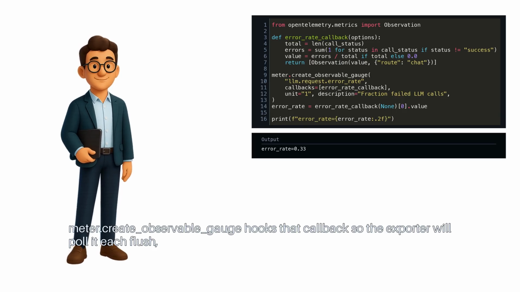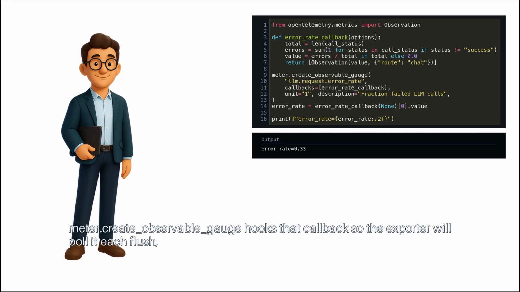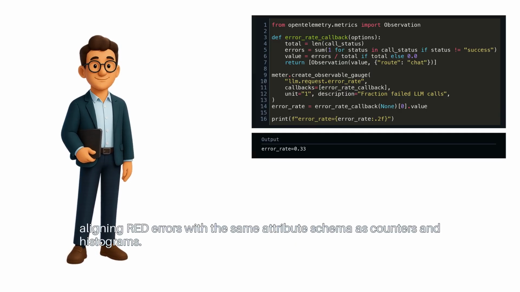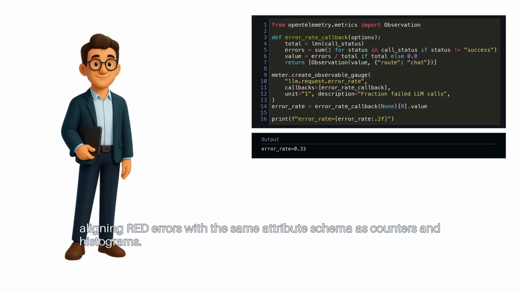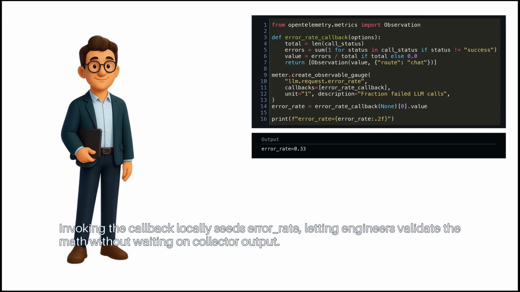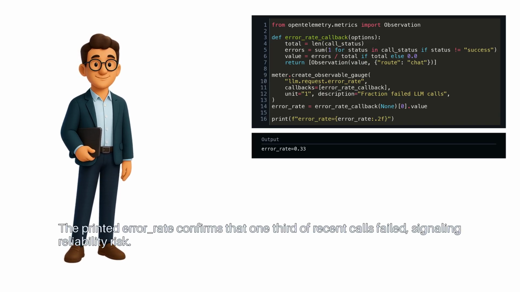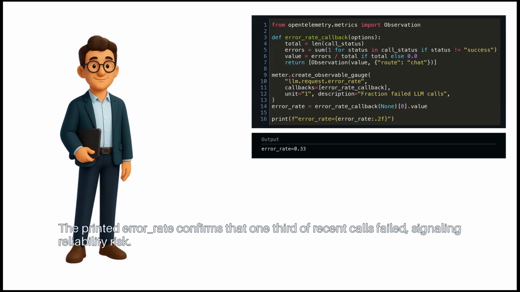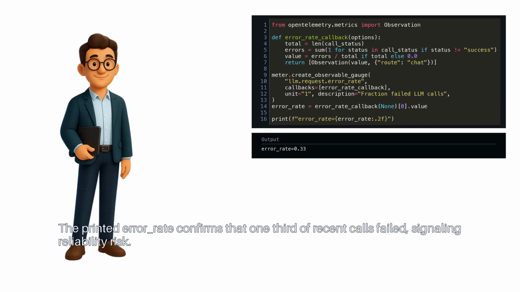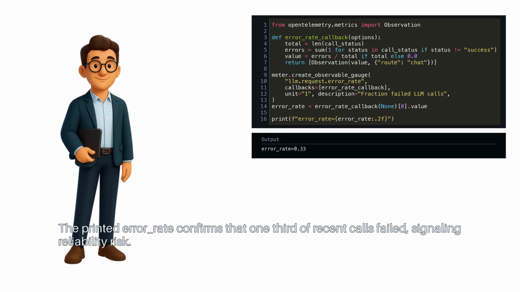Meter.createObservableGauge hooks that callback, so the exporter will pull it each flush, aligning RED errors with the same attribute schema as counters and histograms. Invoking the callback locally seeds error rate, letting engineers validate the math without waiting on collector output. The printed error rate confirms that 1/3 of recent calls failed, signaling reliability risk.